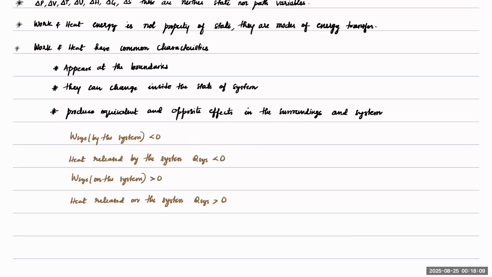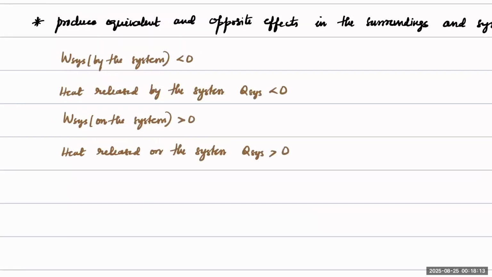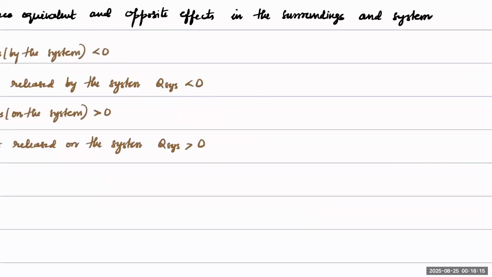Okay, so this point becomes very important while solving problems, everybody. Now notice this one. If Q of the system is positive, let's say 5 joules, then definitely it implies that the surroundings heat that is lost is also 5 joules. So from the surroundings end it is -5.